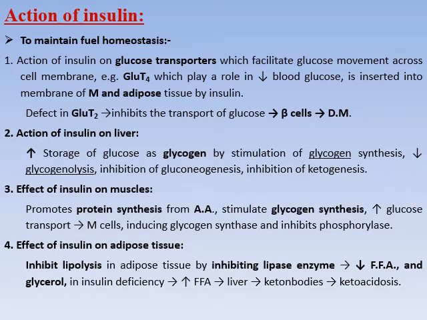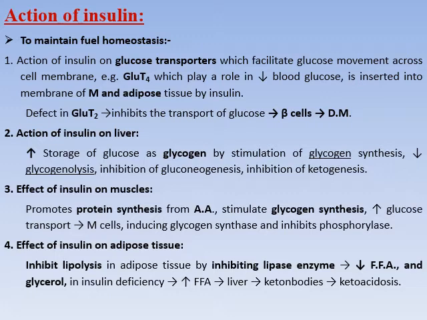And also glucose transporter type 2 enhances the transport of glucose to the beta cell in the pancreas. So any deficiency in glucose transporter type 2 will lead to the development of diabetes mellitus.